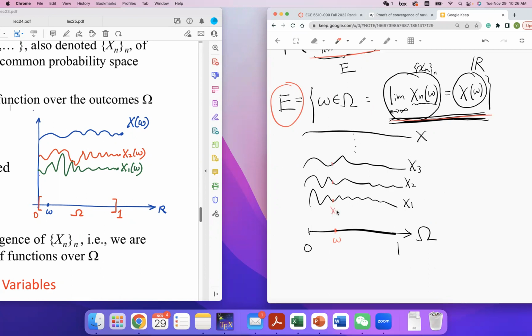This is x1 omega. This is x2 omega. These are real numbers. You have a sequence of real numbers under this outcome, small omega.